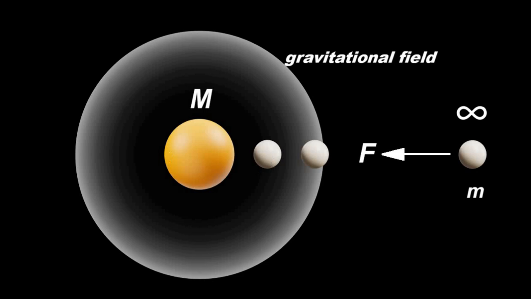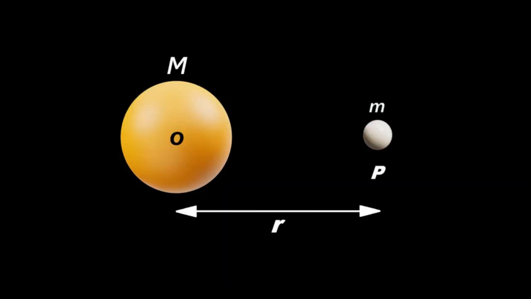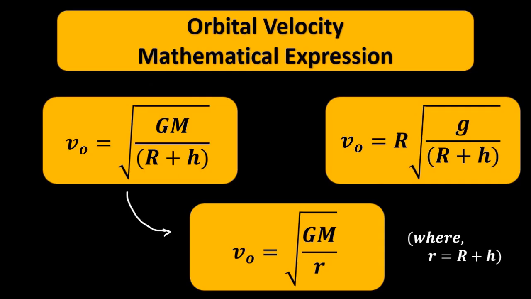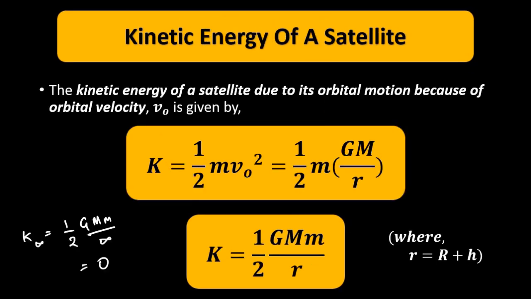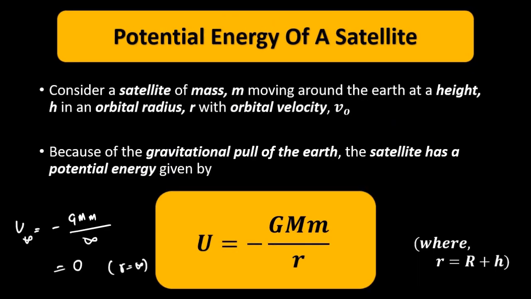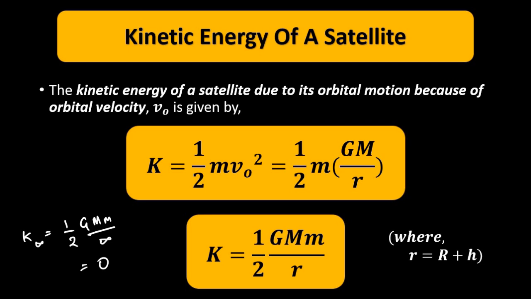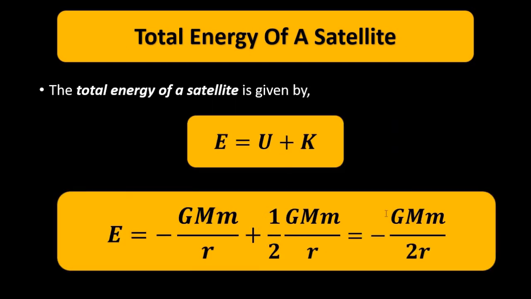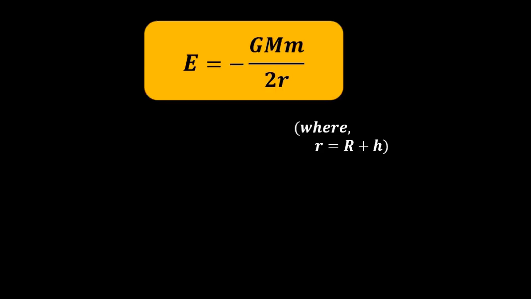So the source mass, test mass concept, and we also use the concept of orbital velocity to determine the kinetic energy. So potential energy, kinetic energy, and the sum of both of them gives us the total energy. So this is the total energy of a satellite.